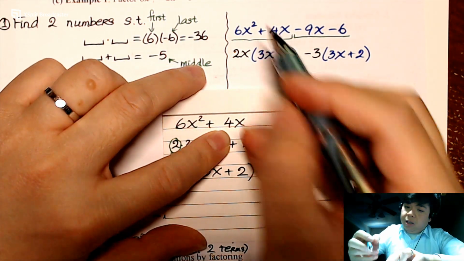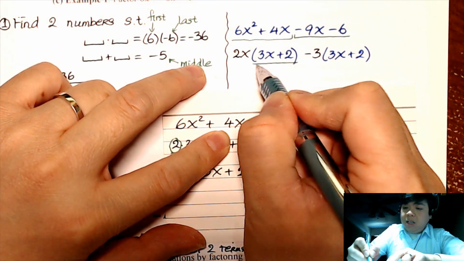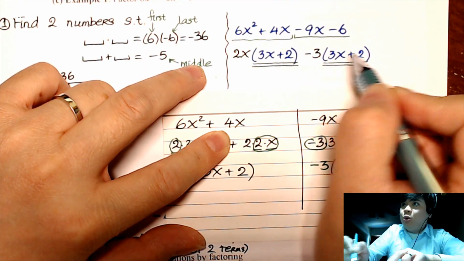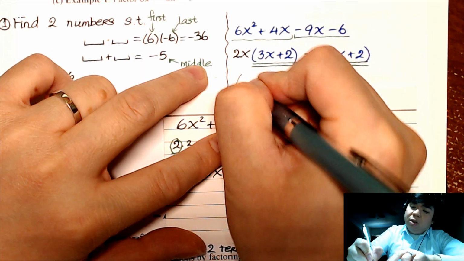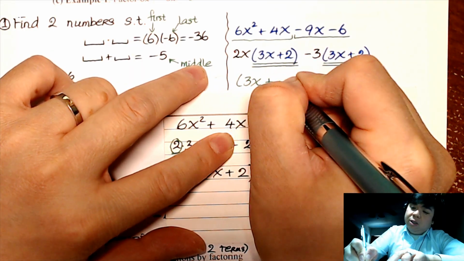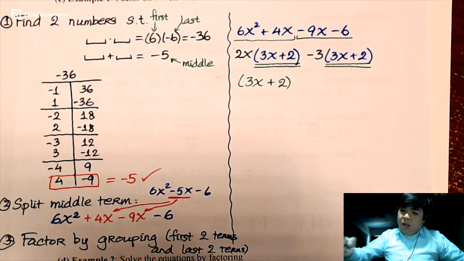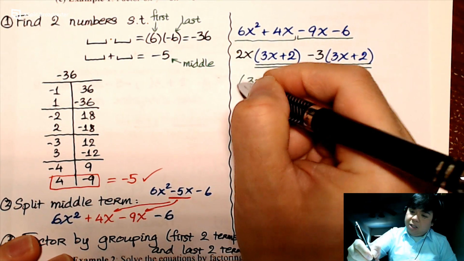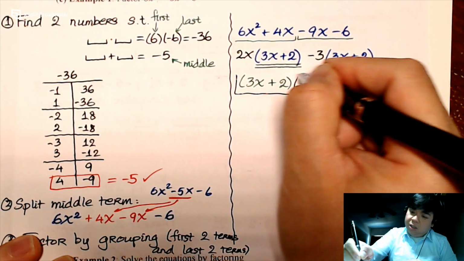Now, we see that if everything is done correctly, we should have a common factor, 3x plus 2. And then you write that common factor out. Now you're left with 2x minus 3. That's it.